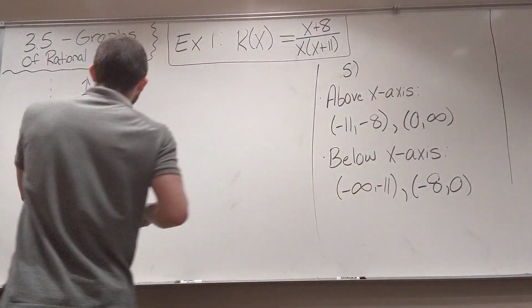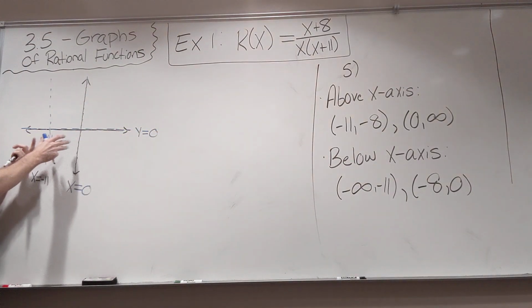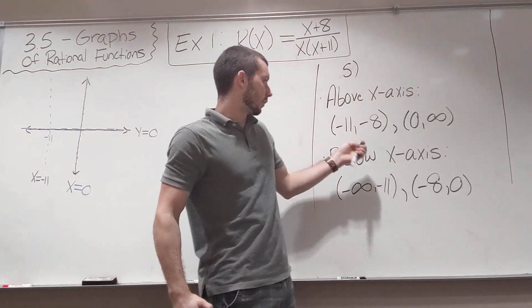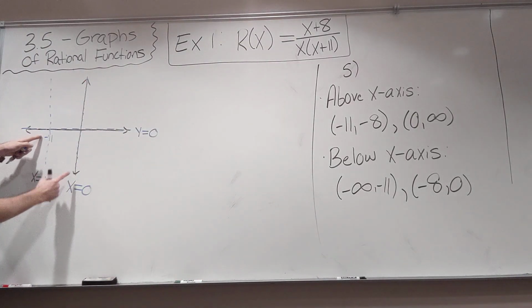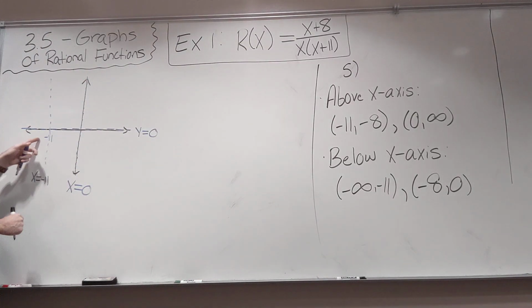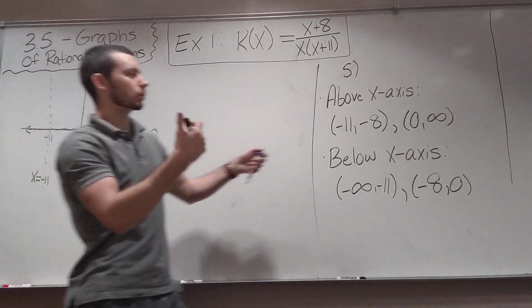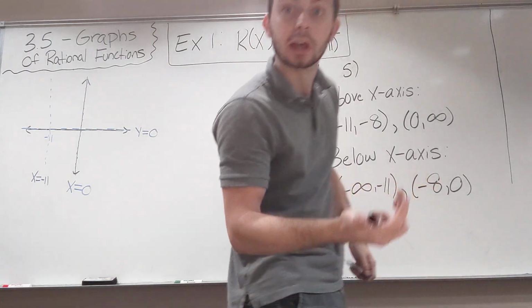So if anything, we can see where these segments start to come into play on the graph. So here it says that we are above the x-axis from -11 to -8. So here's -11, here's, let's see. Okay, so -8 was something we found to be the x-intercept.